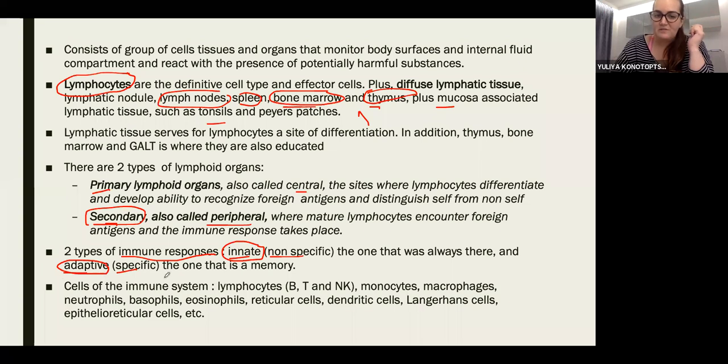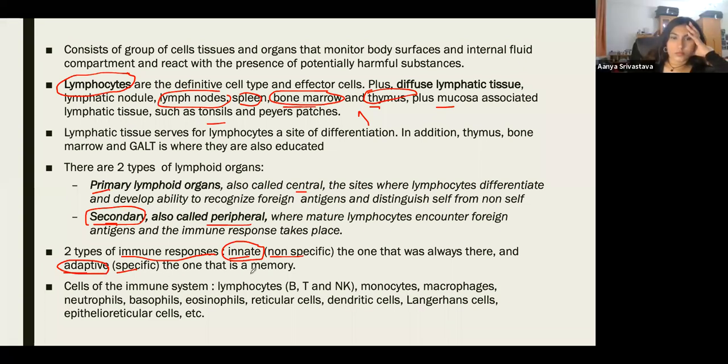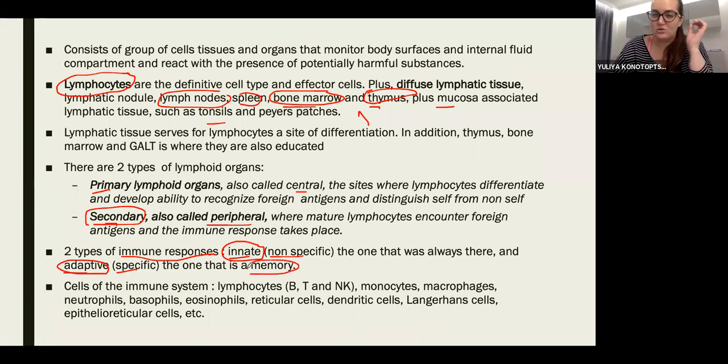The adaptive has a very important keyword, which is memory. So adaptive immune response possesses a memory. So once is enough. Once you have encountered bacteria through adaptive immune response, you will remember it for the rest of your life.